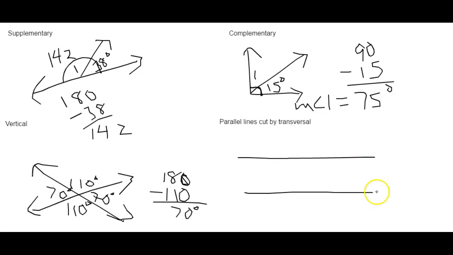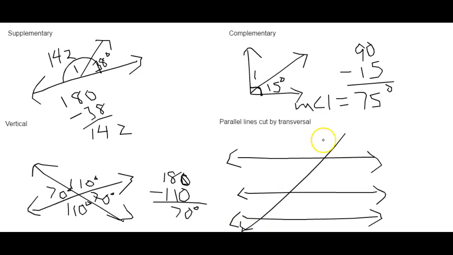We can also have parallel lines cut by a transversal. So when you have parallel lines cut by a transversal, the angles are either congruent or supplementary. If this is 115 degrees, the one across from it is vertical, so that's also 115.